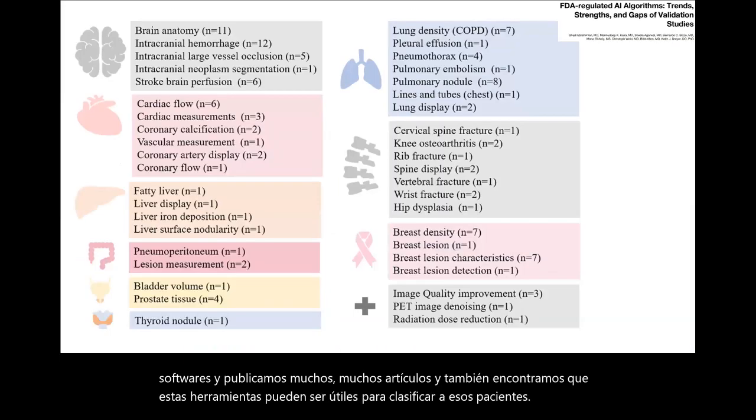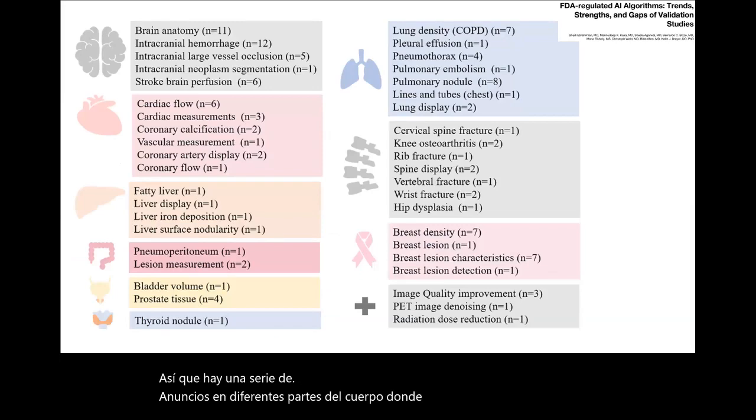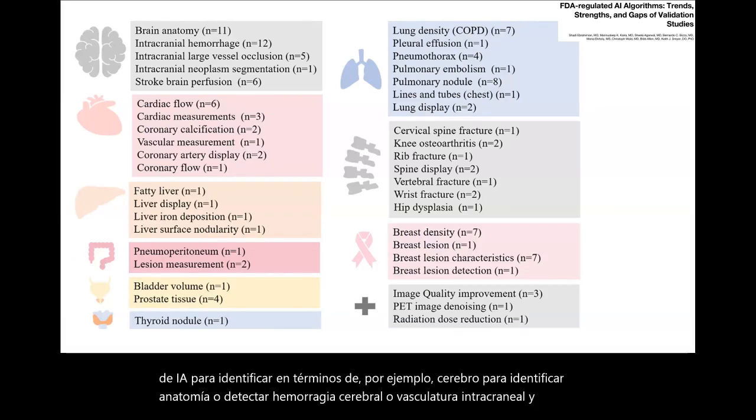So there are a number of areas in different body parts where AI tools have been used, for example in the brain, in identifying anatomy, detecting brain hemorrhage or intracranial vasculature, and also for segmenting brain tumors such as glioma.